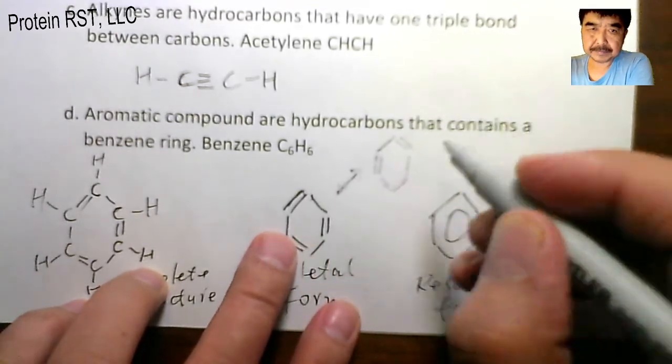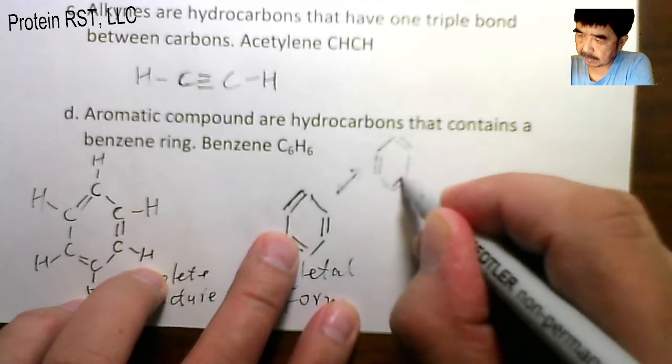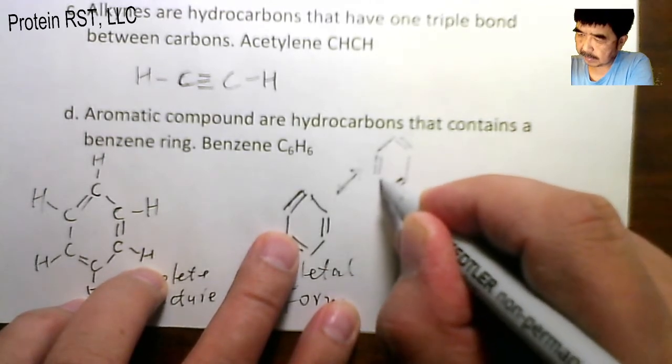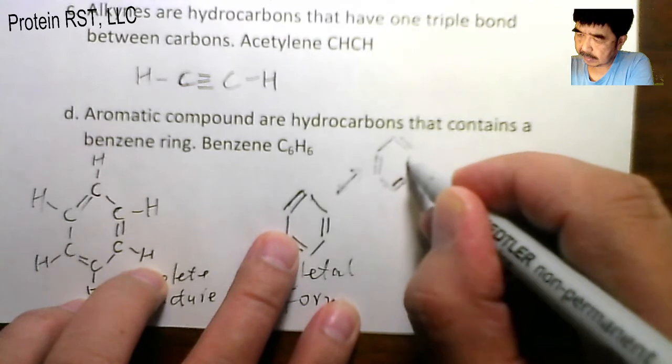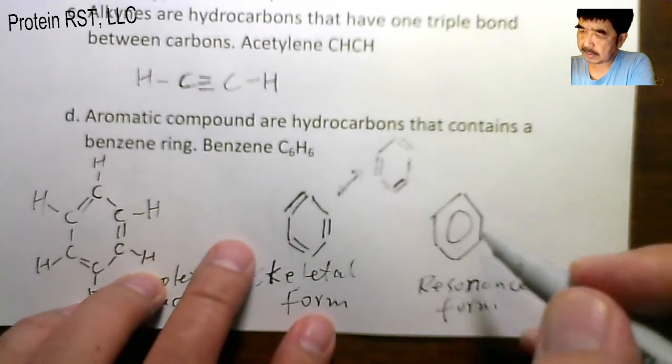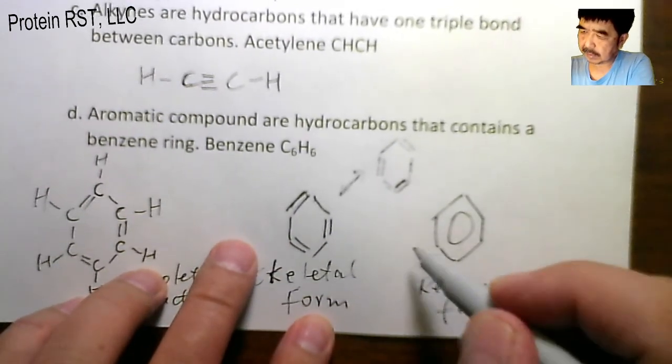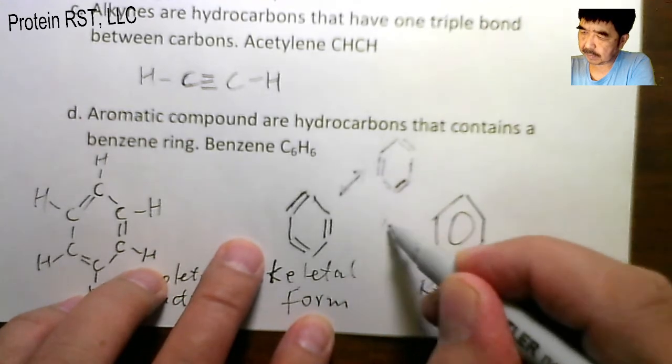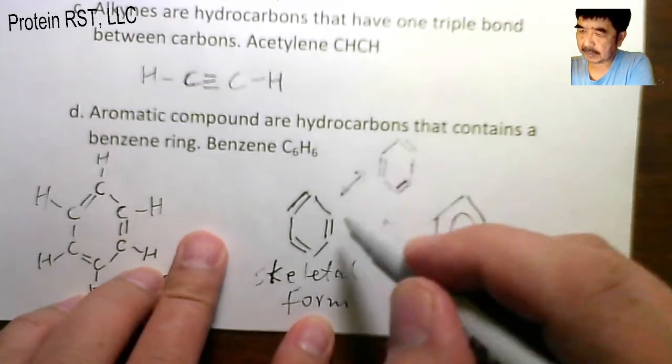It's a double bond. So this resonance form represents these 2 forms of skeleton form here.